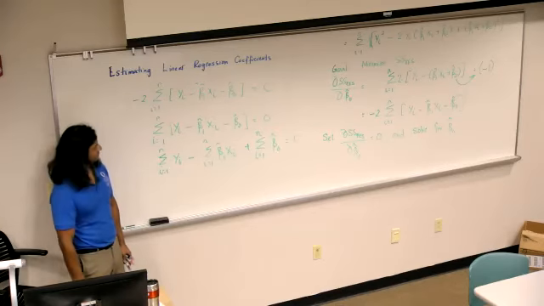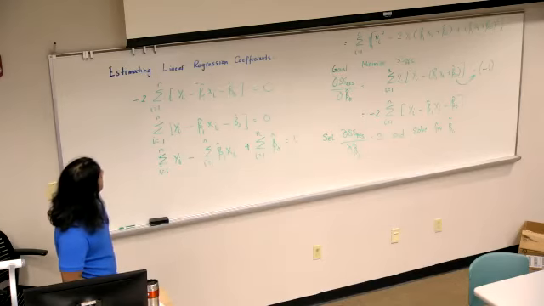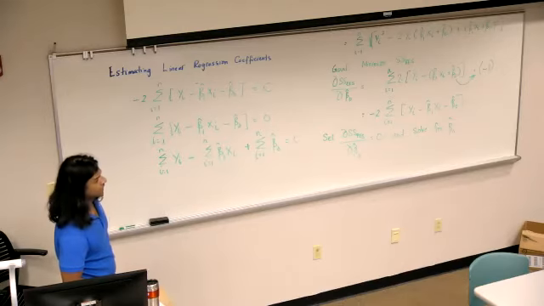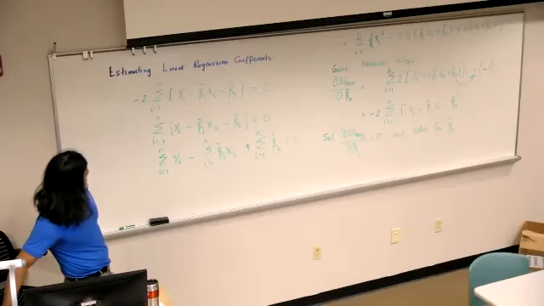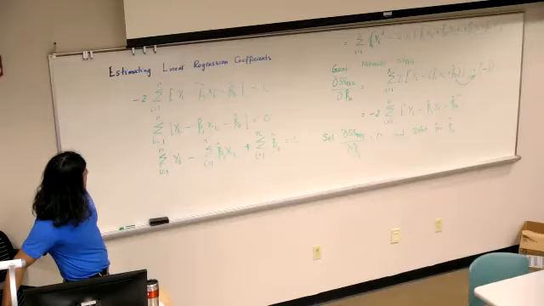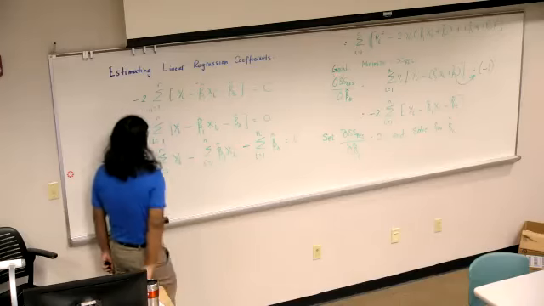So negative times negative would be positive. Good. Could you explain that last little bit one more time? How do you end up with a positive sign in front of the sum of beta naught hats? You're correct, it's not positive, that's negative.